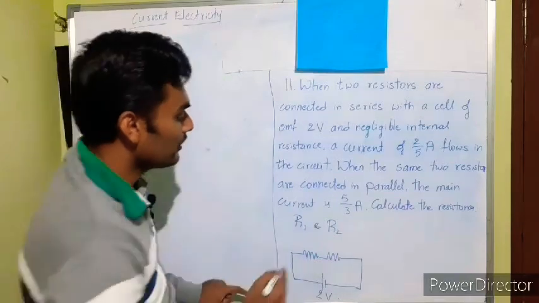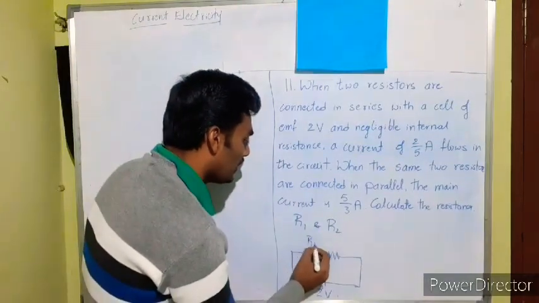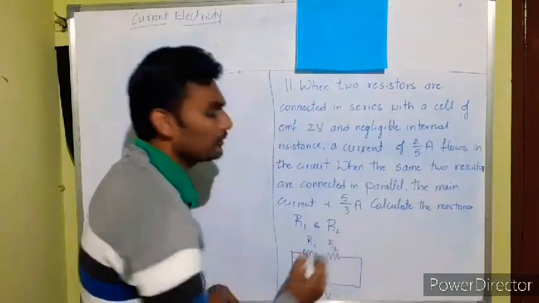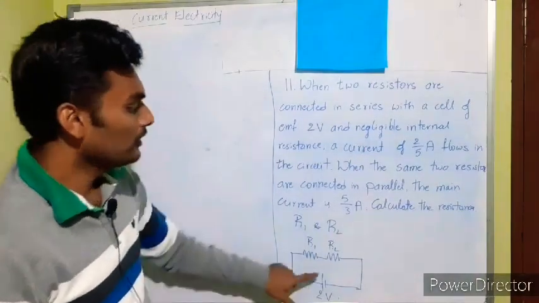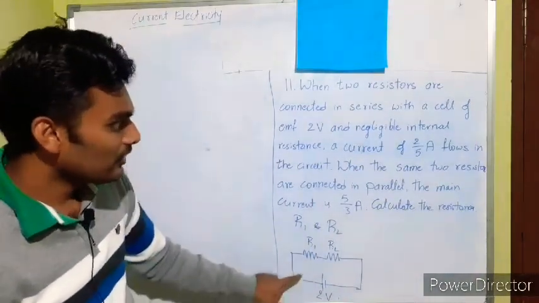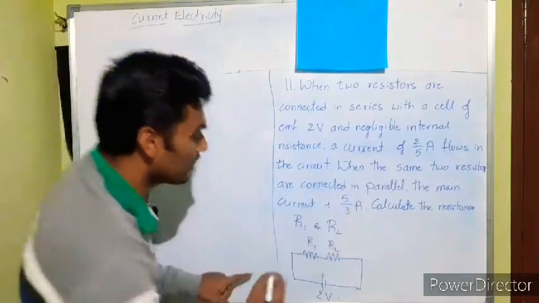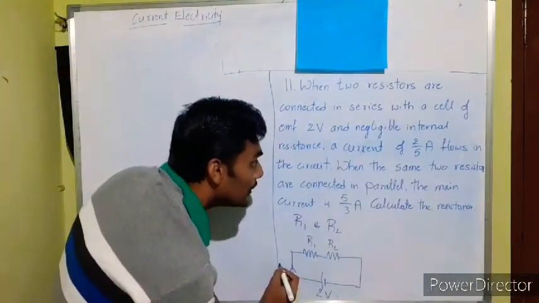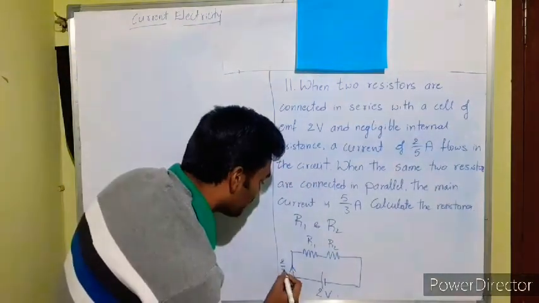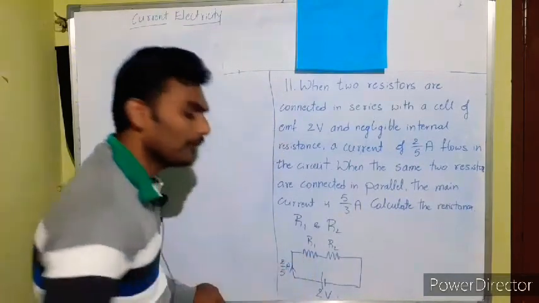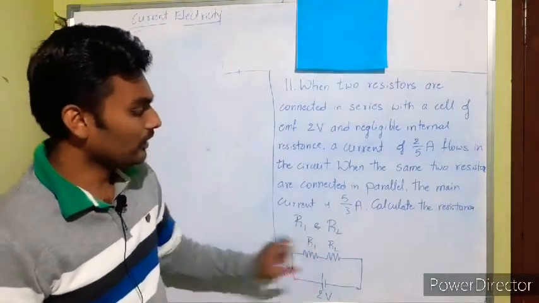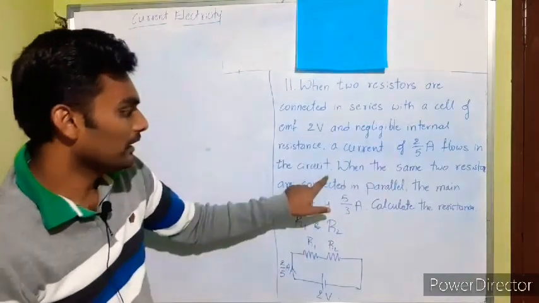And the resistances here are R1 and R2. So this is the first situation. In this situation, the current through the circuit is observed to be 2 by 5 ampere. Okay, clear? So this is what is given in this part till here.